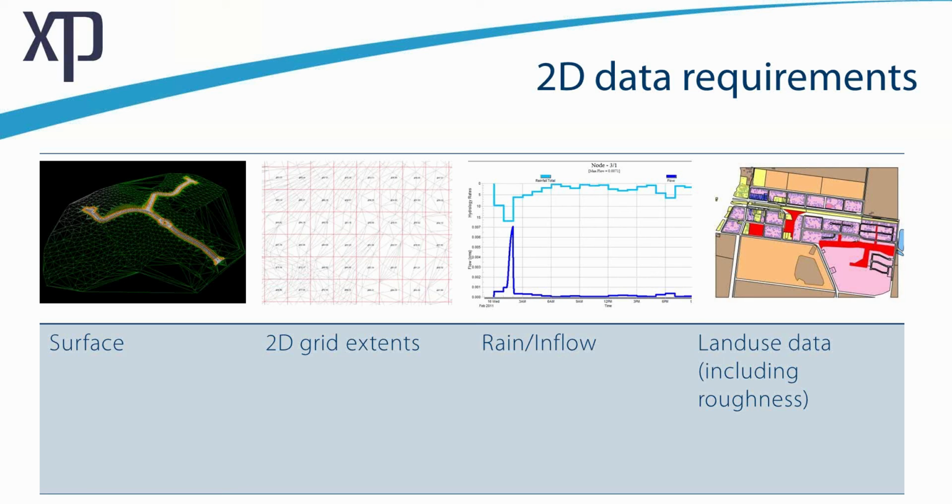And these land use polygons we can see on the right hand side tell us about not only roughness characteristics but also infiltration characteristics. Could be geologic details which do relate to infiltration.